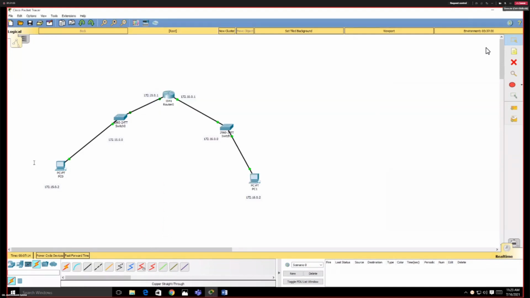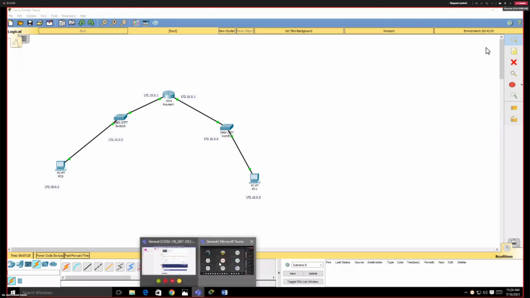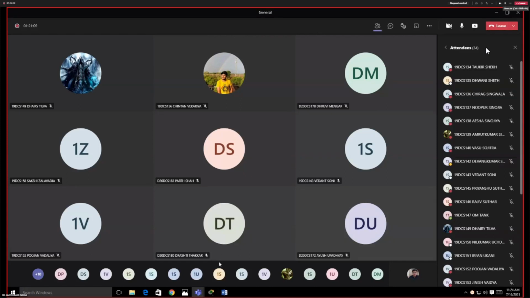So I have assigned the IP addresses to both computers now. If you have any question, you can ask me in this topology.